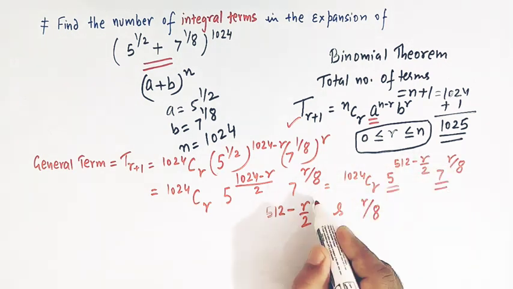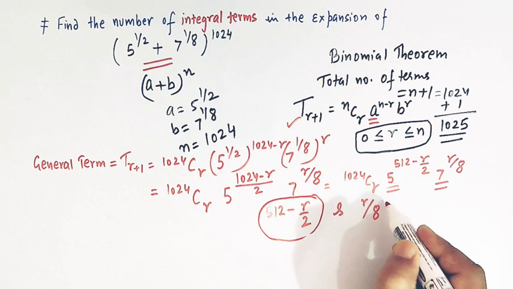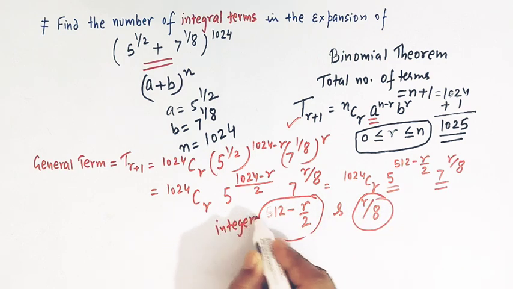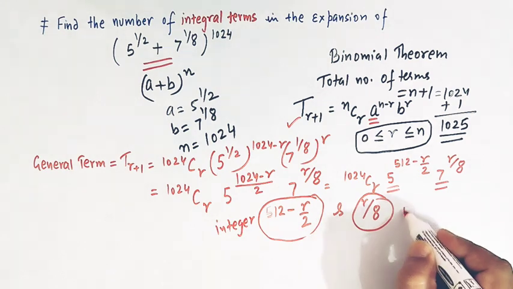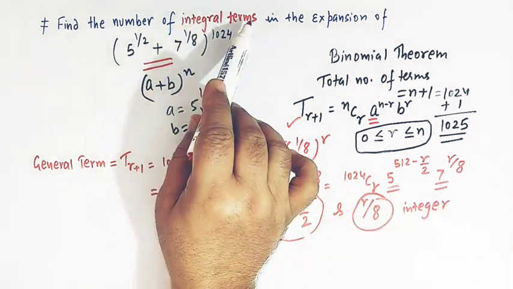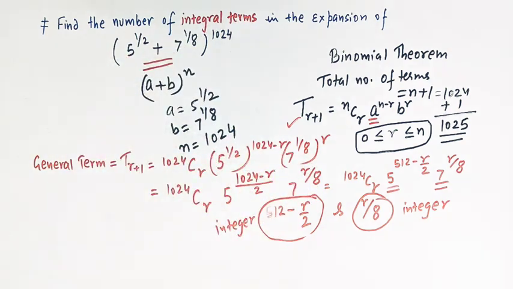These two exponents must be integers to get the integral terms in the expansion of this binomial. So let us impose a condition on r to get these as integers.